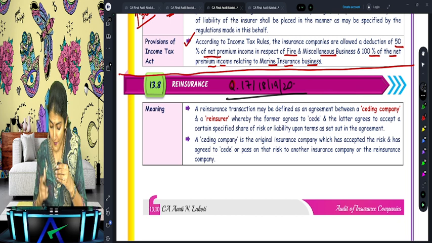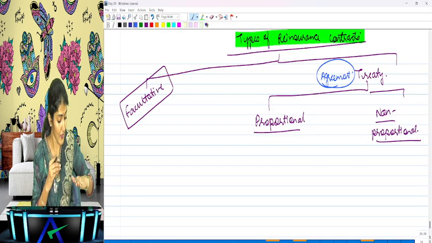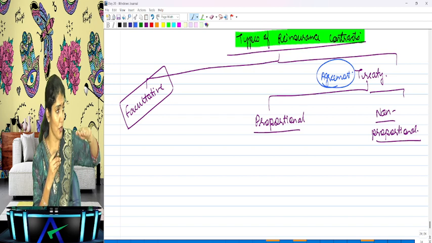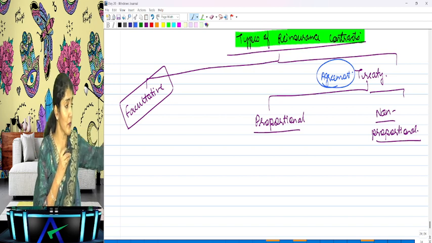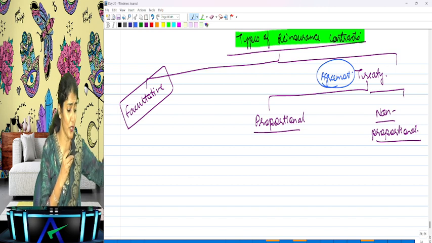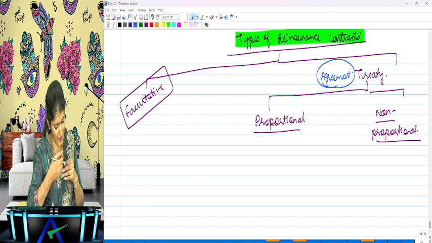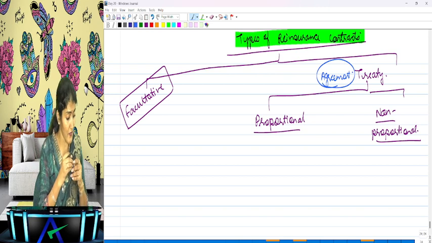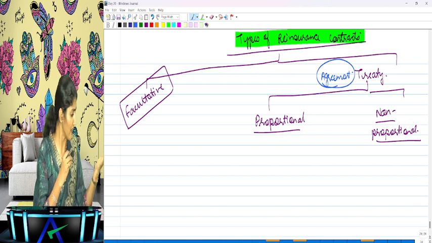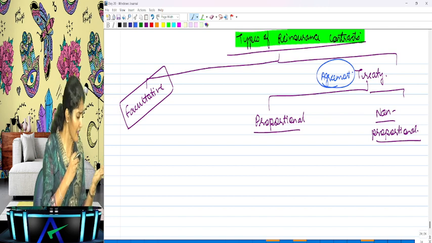Now say during this year, I am insurance company A and I have issued all these insurance policies. And this is insurance company B, and I am getting my policies reinsured from them. I look at one policy document and tell them, this policy, you reinsure it by 10%. They say, okay, we can accept it.